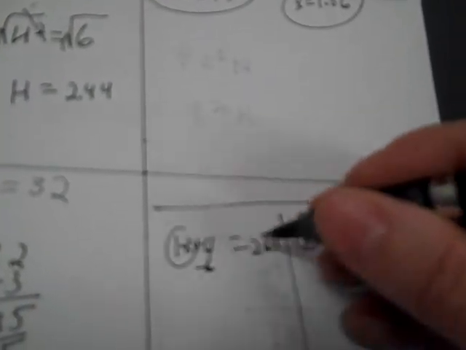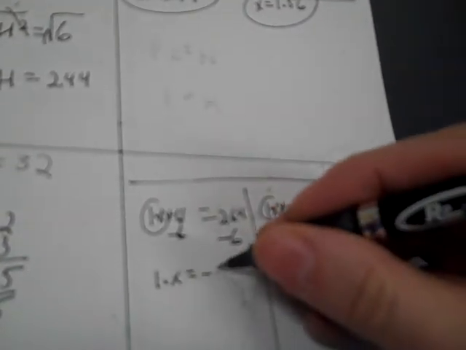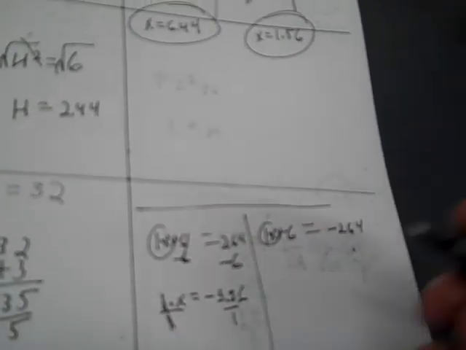So I minus the 6. That one's hard to do in your heads with the subtraction. So 2.64 minus 6 is negative 3.36. Dividing by our 1 then keeps us at negative 3.36. Okay.